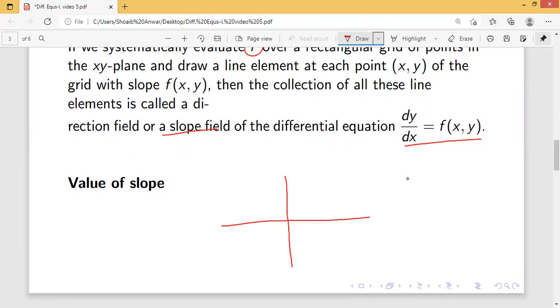The slope of the horizontal line is equal to 0, and the slope of the vertical line is equal to infinity, and the slope of this line is equal to 1, and the slope of this line is -1.